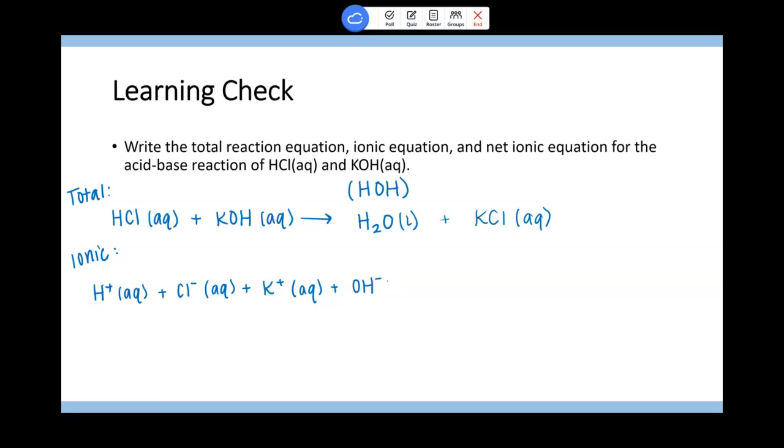Hydroxide is a polyatomic ion, so we keep the OH together. This forms H2O as a liquid, so this is another component that we don't break into ions. We keep that molecule as H2O. Then we have potassium cation as a product and chloride anion as a product.